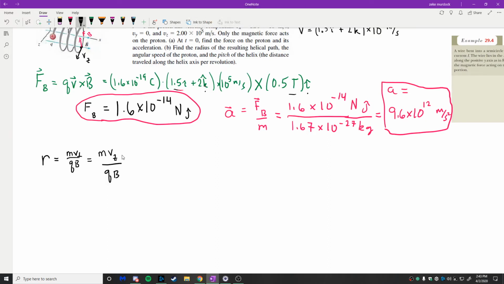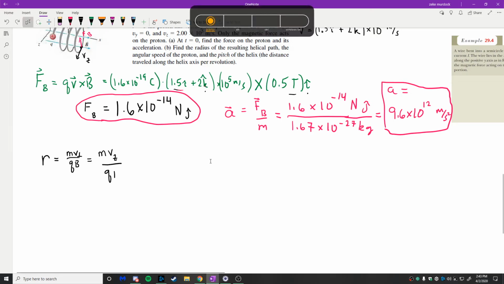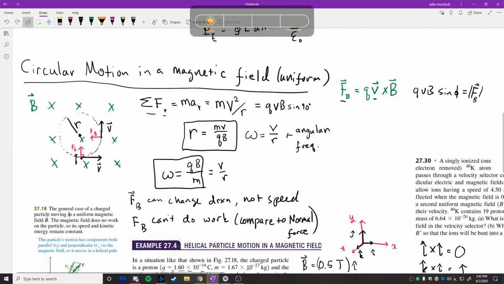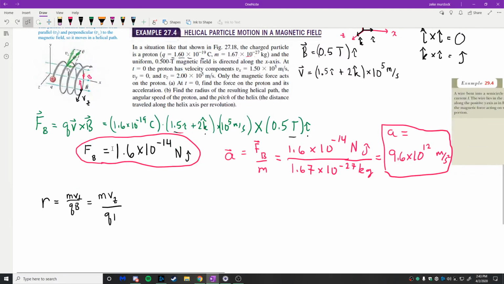It's the only component that's actually going to affect the radius now. Because, think about what we did up here on this picture, right? It was only the component of the velocity that was actually perpendicular to the field. But we also found that the force right here was determined only by that same velocity component. The z velocity component is the only thing that created this force. And so as a result, it's the only thing that's going to have anything to do with this radius here.